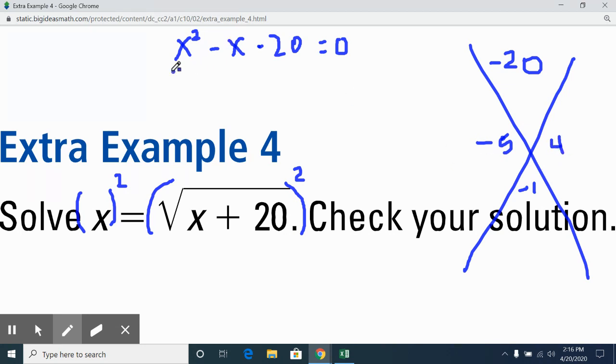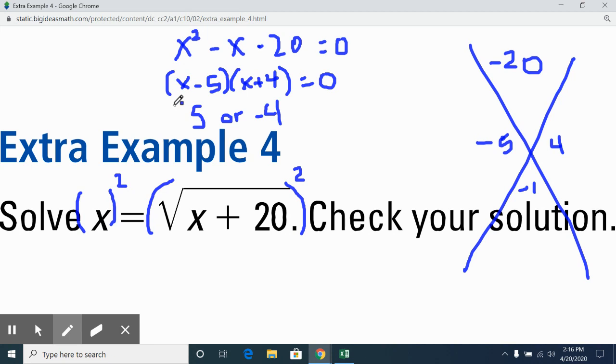So I'm going to go ahead and make my two binomials, trying to see what makes each expression equal 0. So 5 for this one, or negative 4 for this one. As always, it's the opposite of my factors, right? My solutions.